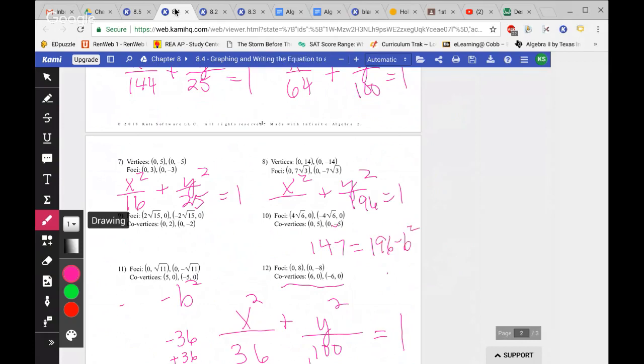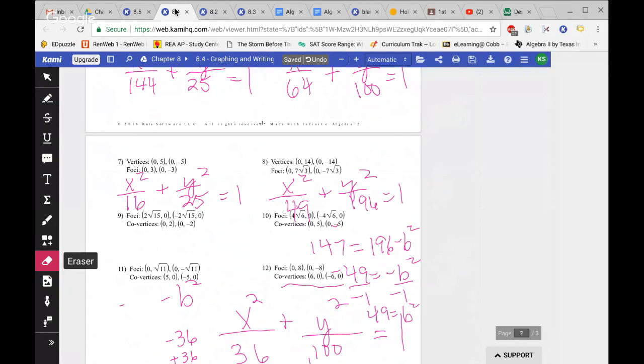So I'm going to take 147 and subtract 196 from it. That gives me negative 49 equals negative b squared, the opposite of b squared. And I'm going to divide both sides by negative 1. And that gives me 49 equals b squared. So that would go here. Okay.